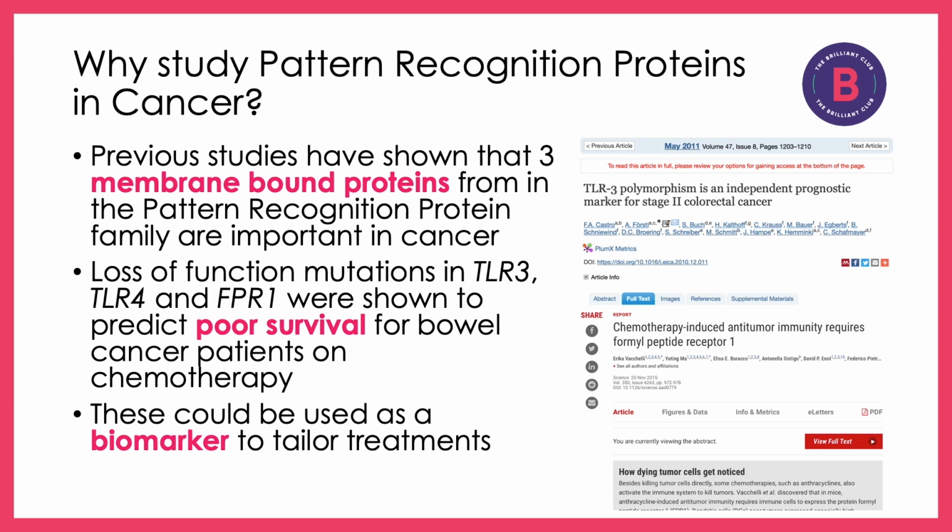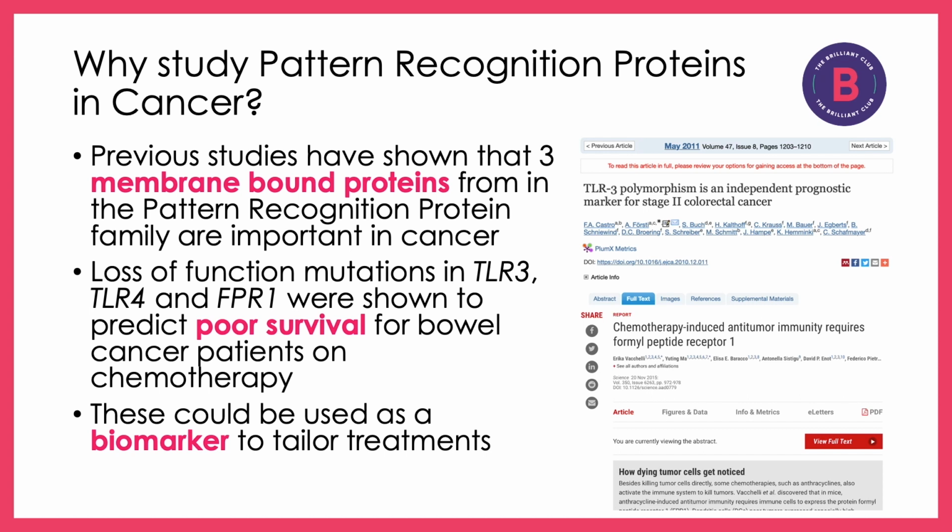These studies were showing that 3 pattern recognition proteins, toll-like receptors 3 and 4, and formyl peptide receptor 1, which I will call TLR3 and 4, and FPR1 from now on, when mutated in mice, were influencing how long these mice were surviving on cancer treatments.